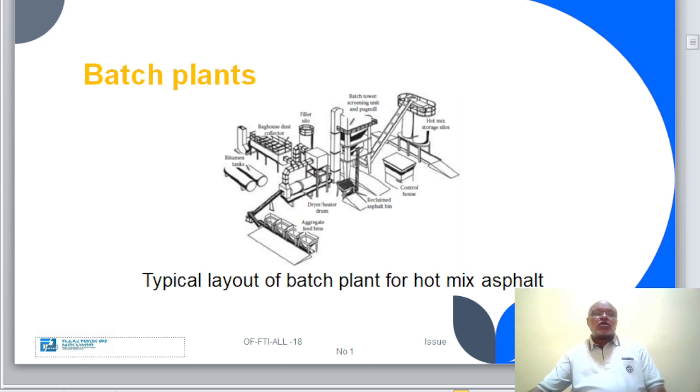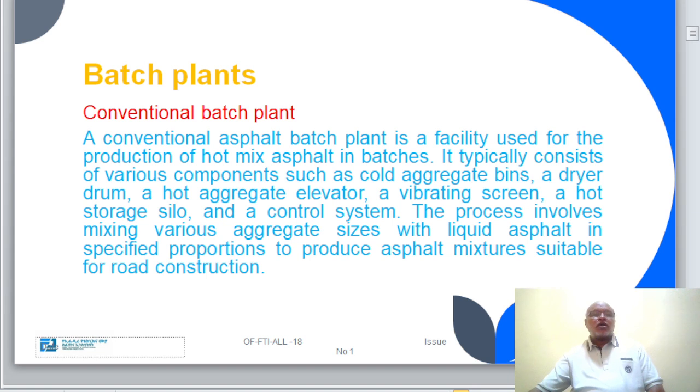Now let's see, the required mixing time is affected by the type of asphalt produced as well as the batching quantity. As a consequence, the mixing time and the batch quantity determine the hourly production output.